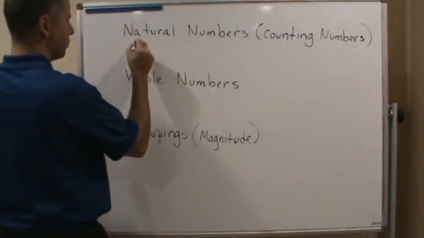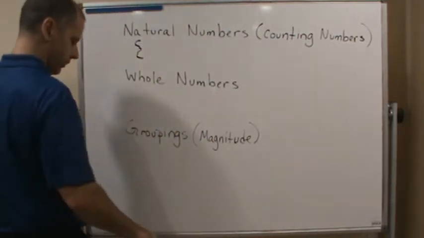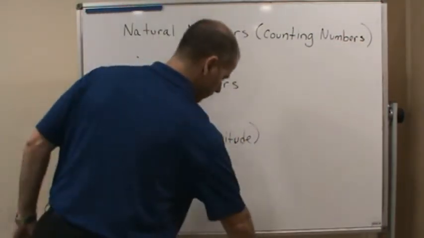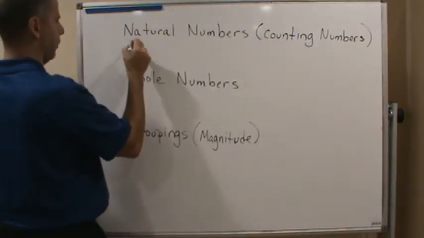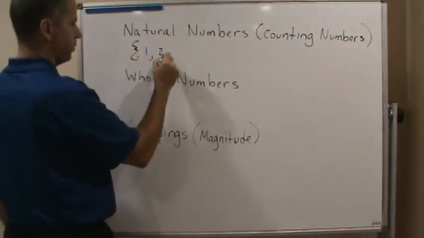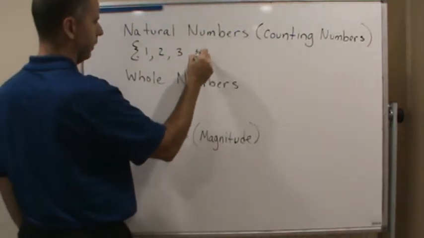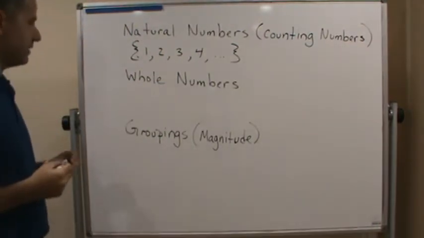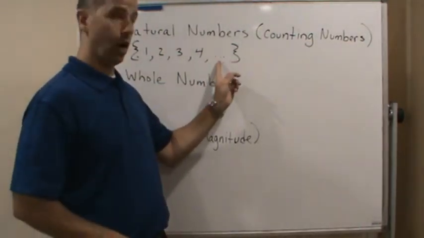So the counting numbers would be the set. That's a really bad set symbol. We would say that it starts with 1, 2, 3, 4, and so on. The set of 3 dots, by the way, we call an ellipsis.